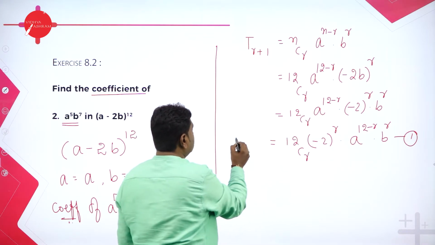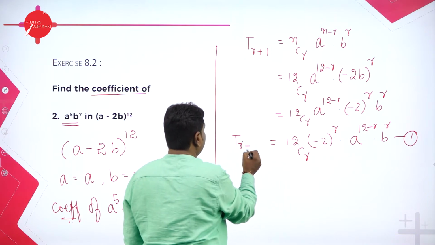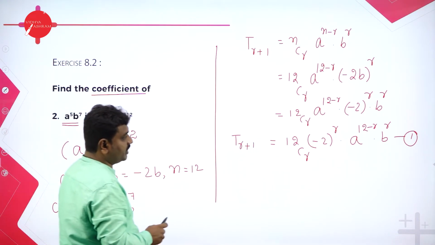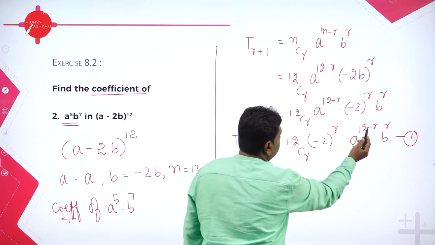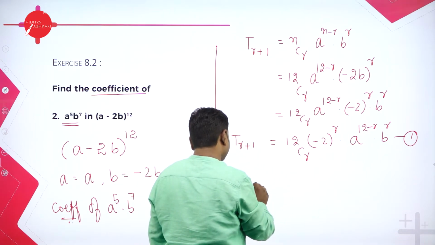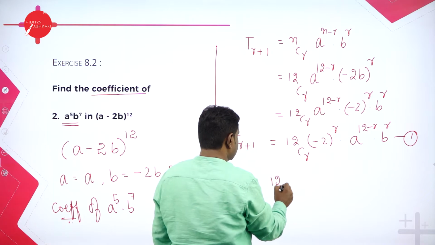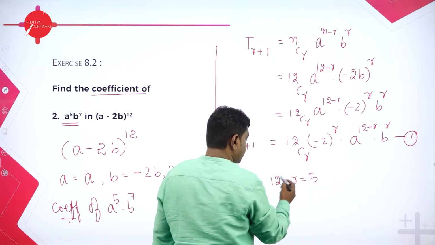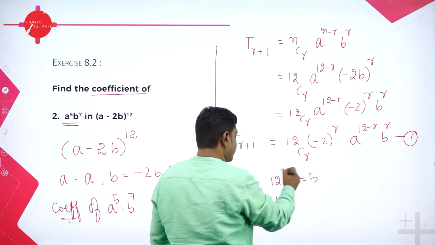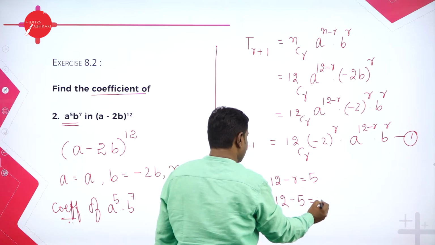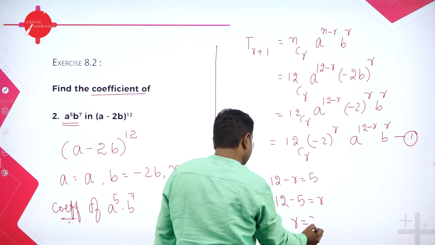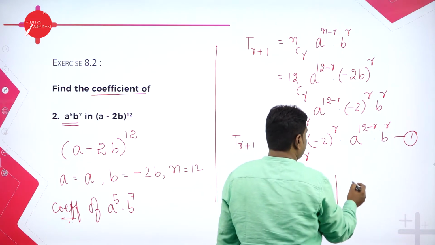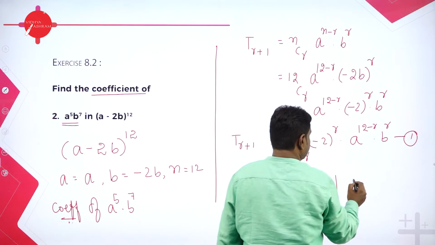Now I want the coefficient of a power 5. A power 5 I want. So equate the power of a: 12 minus r to what? 5. So rearrange 12, bring 5 to this side, it will become 12 minus 5 is equal to r. So r will get 7 in this case. In the second case also we should get the same. b power r. See here b power is 7.